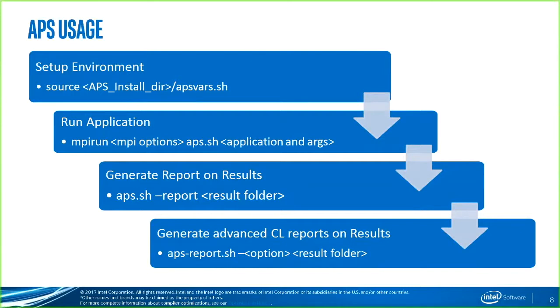I also needed to substitute mpirun with a general MPI launcher or job launcher. But yes, this is a good comment, Scott. You just need to put aps.sh in the middle, between aprun and the application to launch. Yeah, and the MPI application. So for most people, this is just one small change to their run script, and that's it.